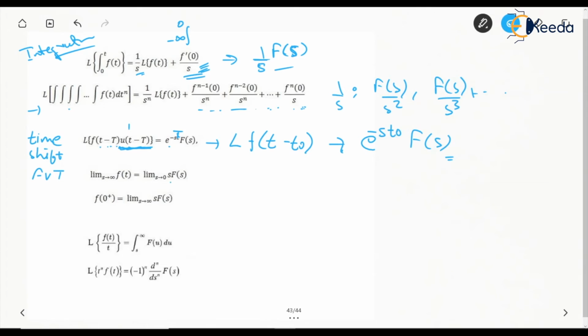The condition is it should have no poles on the right half, and this generally concerns electrical and EC people. So the condition is that we should not have any poles on the right hand side. By pole we mean the roots of the denominator function.